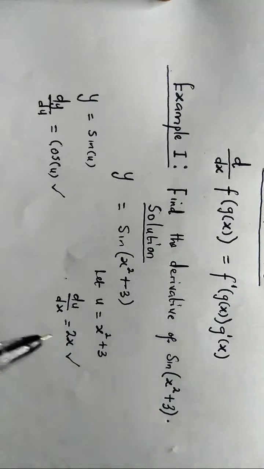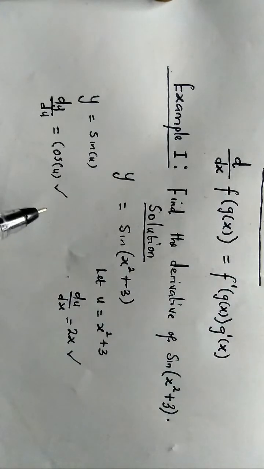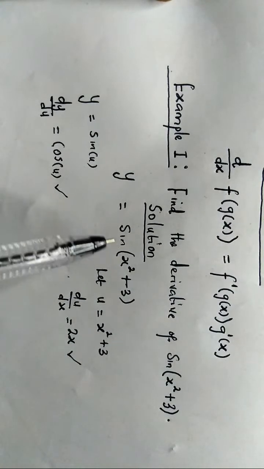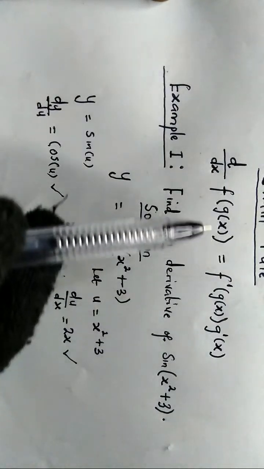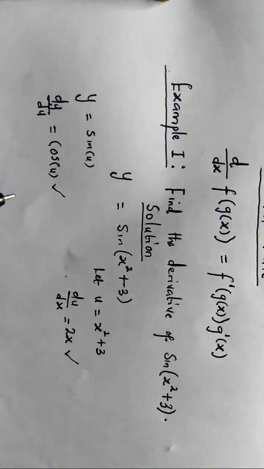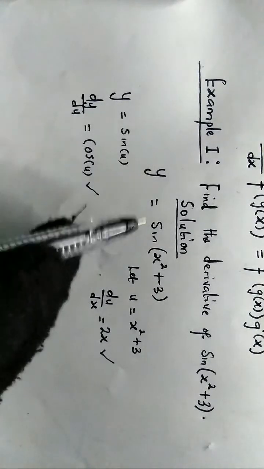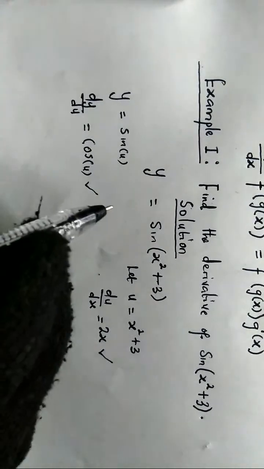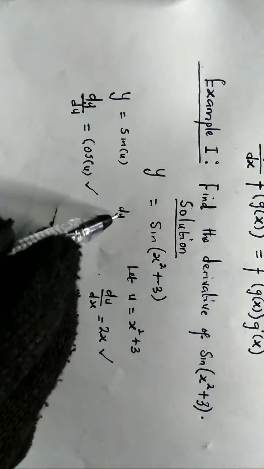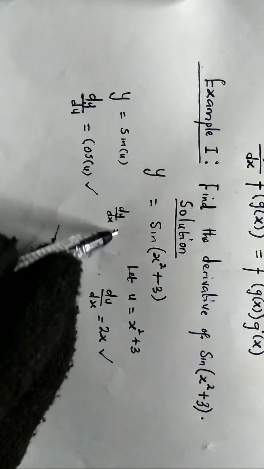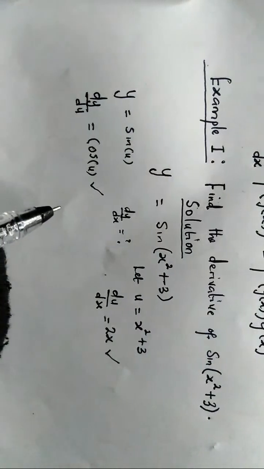We're done with this. Now, how do we come up with the derivative of this function here? Making use of this formula, remember that if y is equal to this, then we are going to solve for dy dx, right? So how do we get dy dx?